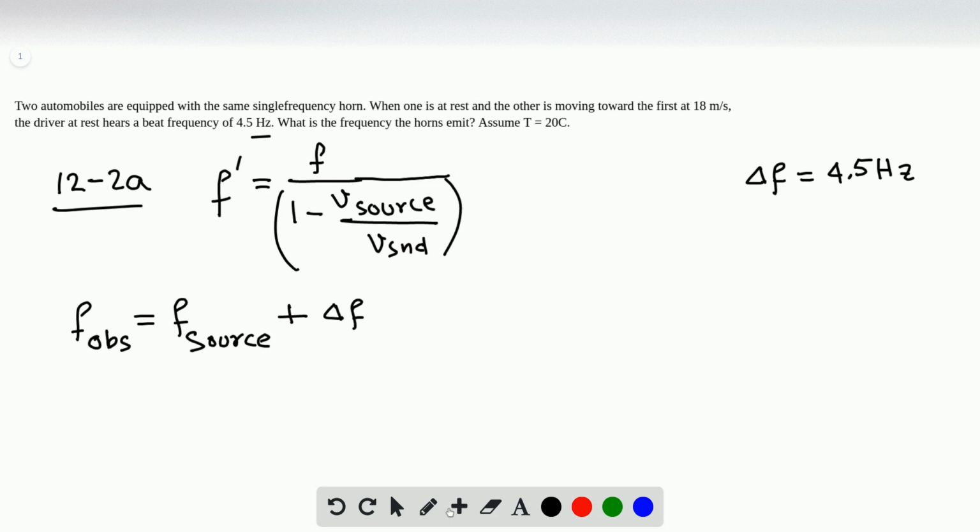We need to understand which one is higher and which one is lower. Now we use this equation from equation 12.2a to find out the source frequency.